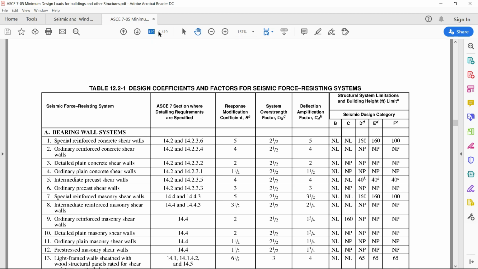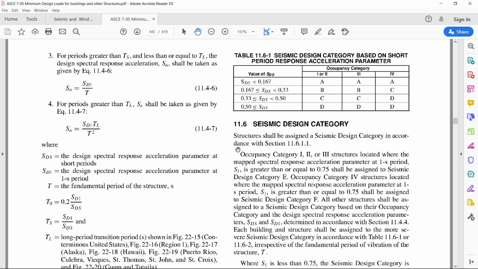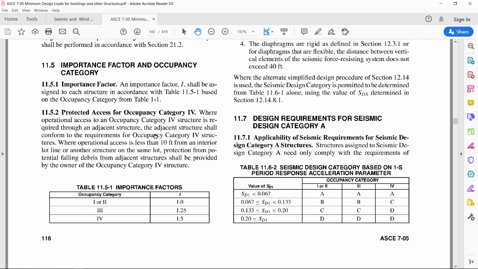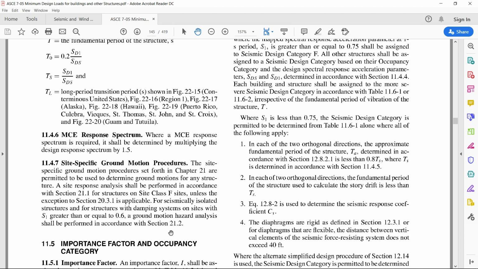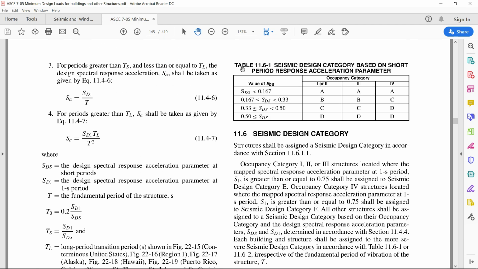Let us go back to the seismic design category definition. Here we can see that importance factor is defined, and here as per Table 11.6-1 the seismic design category is based on short period response acceleration parameter.